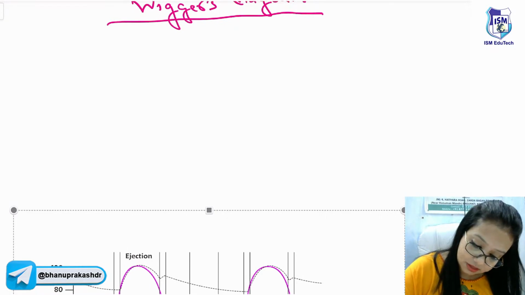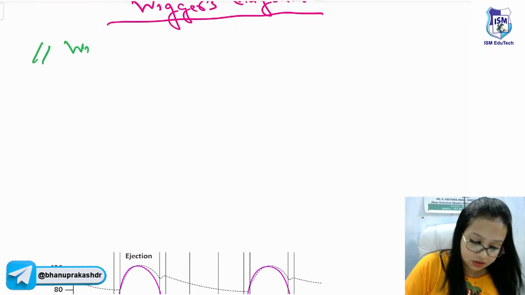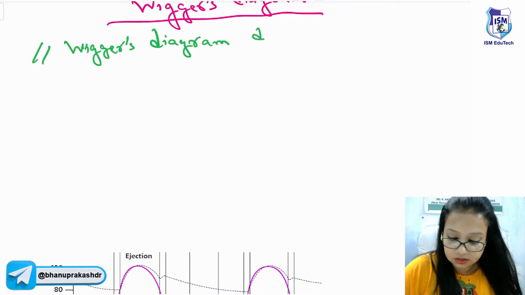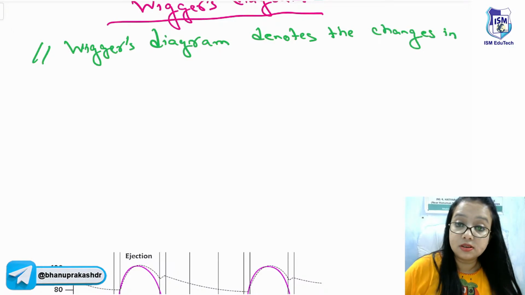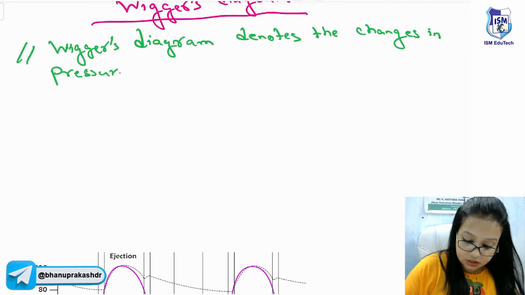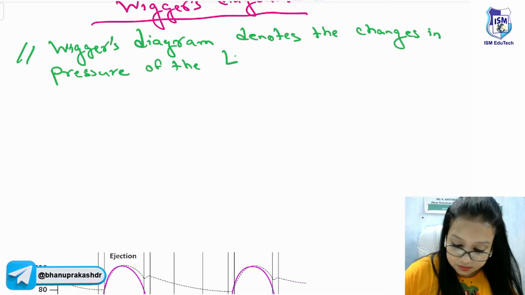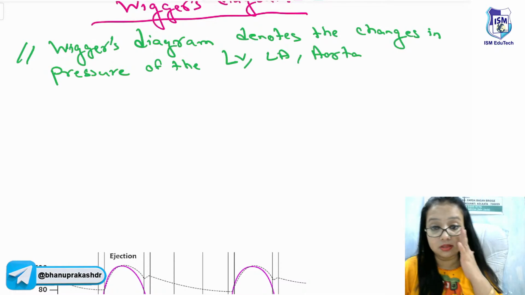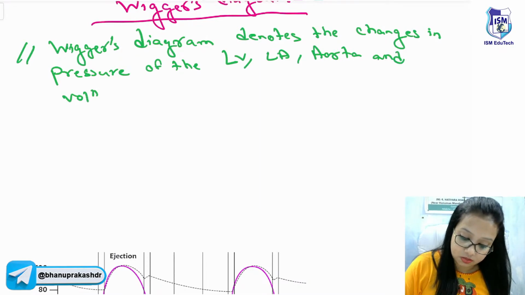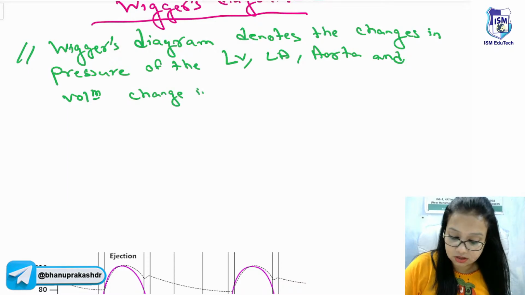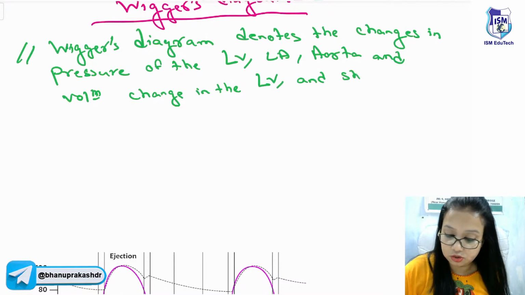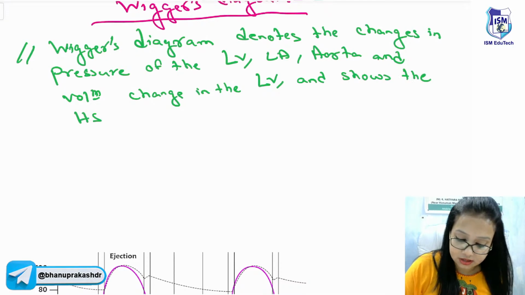First thing, always remember, the Wiggers diagram denotes the changes in pressure of the left ventricle, left atrium, aorta, and volume change in the left ventricle, and shows the heart sounds.